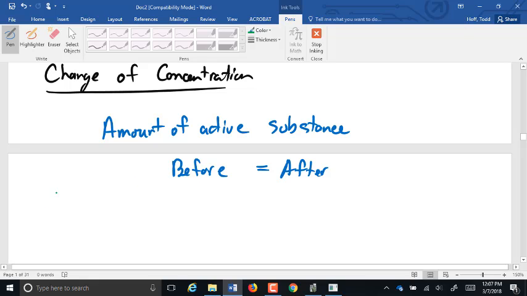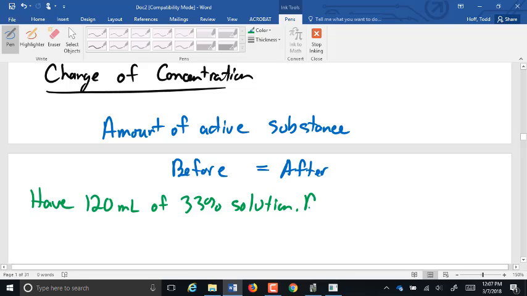Let's put some numbers in here. Let's say we have 120 milliliters of 33% solution. We're going to dilute it with 240 milliliters of NS.